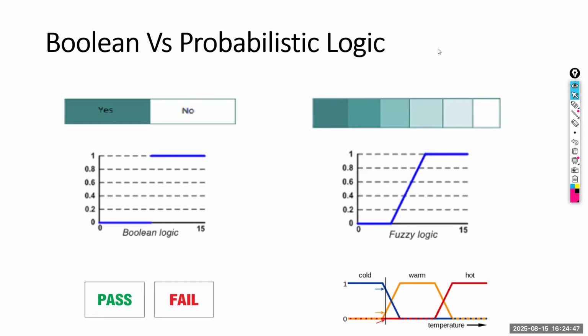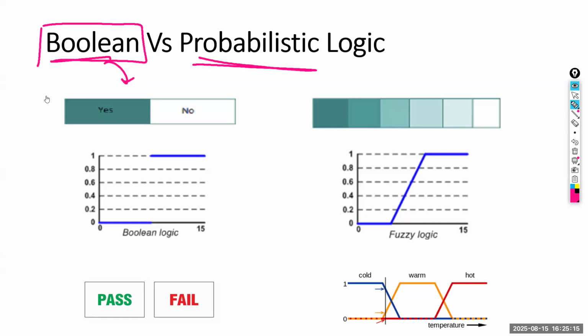Simple as that. So the difference between Boolean logic and probabilistic logic. Both are formal logic. But Boolean logic is two-state logic. When we apply Boolean logic, the result is always either true or false. Or we can say yes or no, or one or zero, or pass or fail. It's a two-state logic.